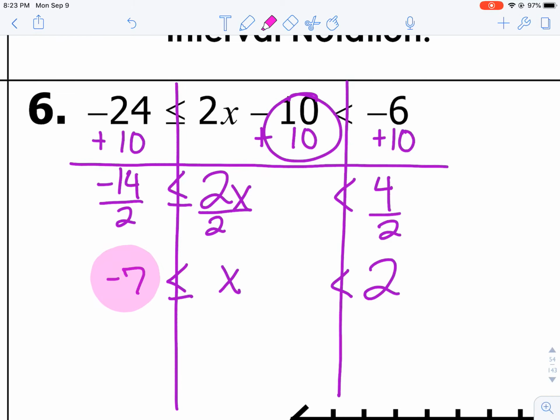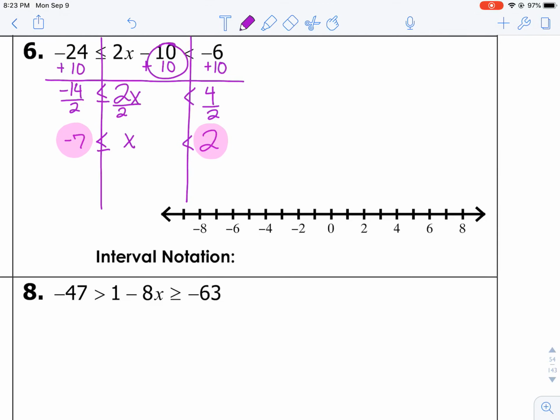So these two numbers are telling me where my dots are going. Negative 7 is getting a closed dot because that sign is or equal to. Positive 2 is getting an open dot. Since my problem is all connected in one long line, I'm just going to connect the dots.